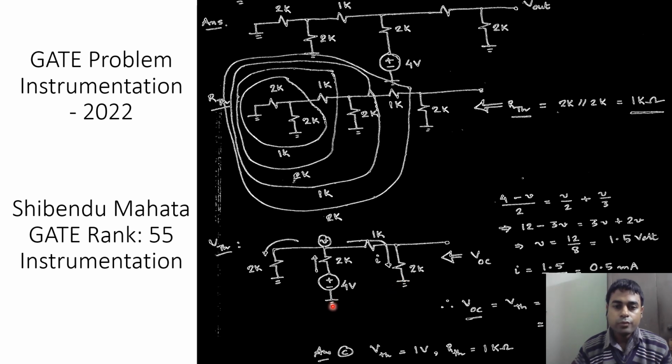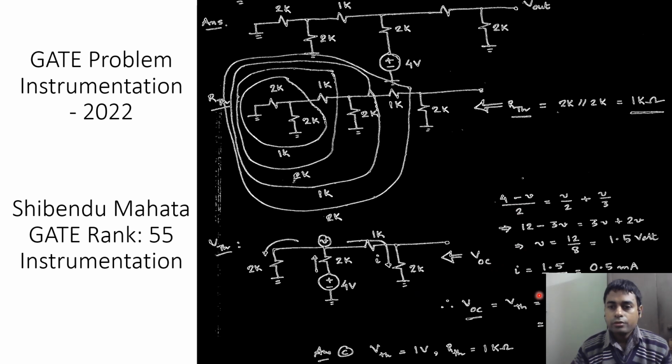So we can frame the nodal expression as (4 volt minus v) divided by 2 kilo ohms must be equal to (v minus 0) divided by 2 kilo ohms plus (v minus 0) divided by (1 kilo ohm plus 2 kilo ohm).